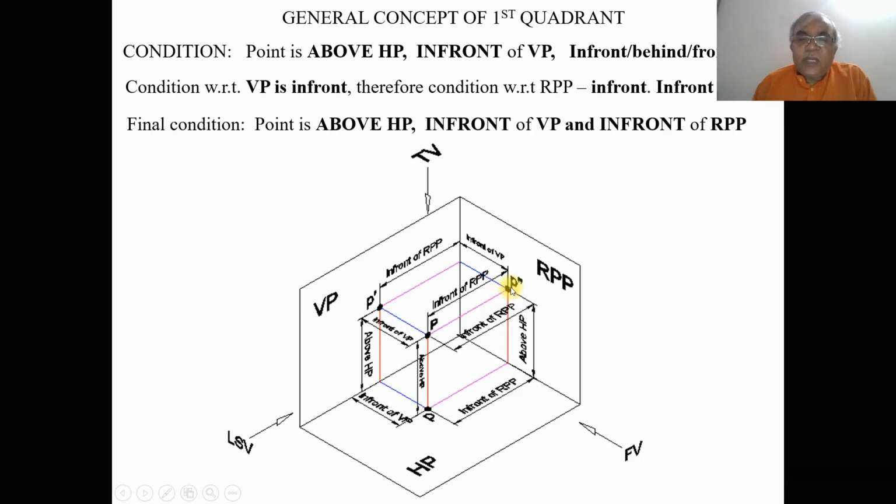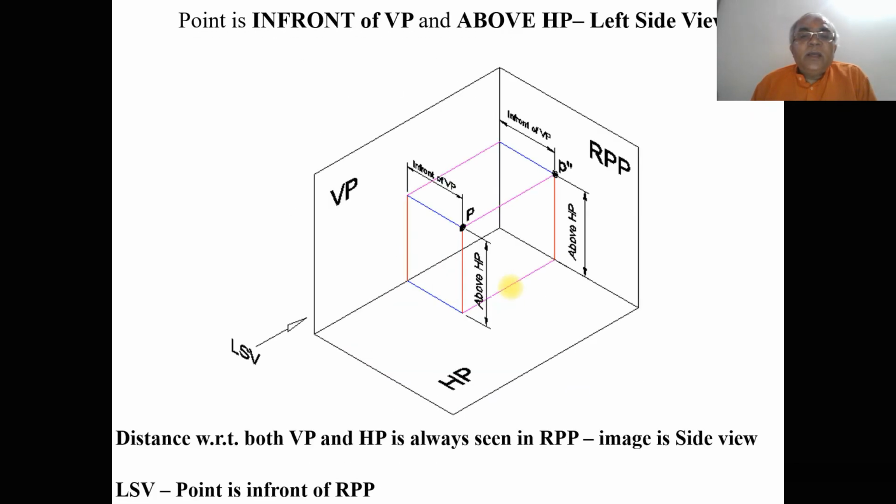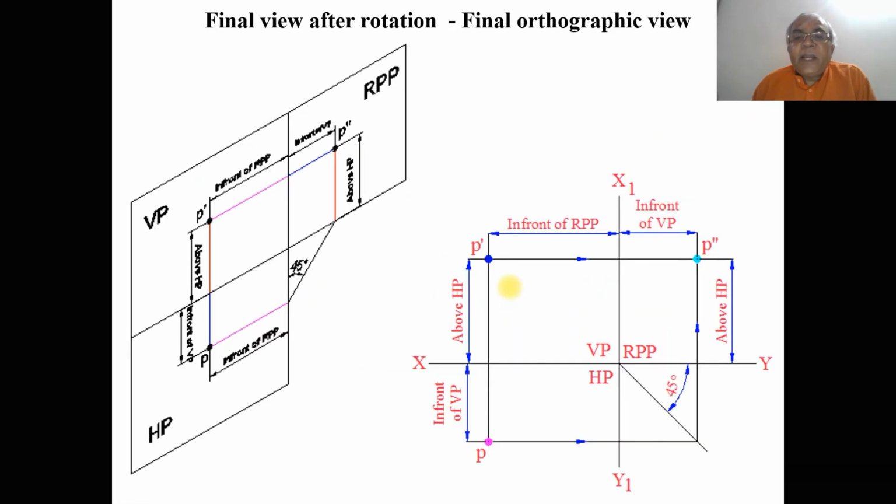So to do that, we draw a line at 45 degrees. The distance in front of VP in the top view, which is vertical, is transferred into a horizontal distance in front of VP. So you project the top view point onto the 45 degree line, and the distance in front of VP in vertical position is transferred to the horizontal distance.